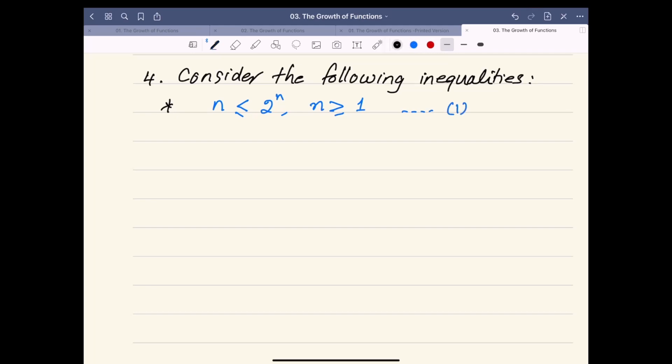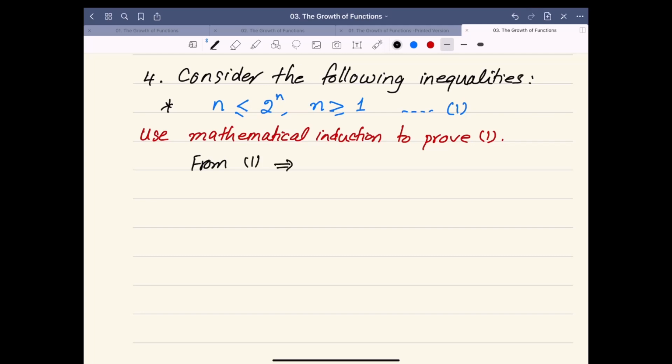To prove this inequality, use mathematical induction that you have studied in Discrete Structures 1. Now from equation number 1, we can conclude that n belongs to big O of 2 to the power n.